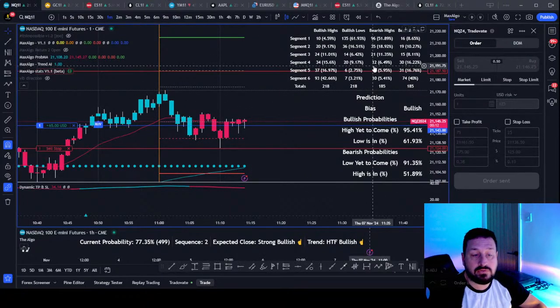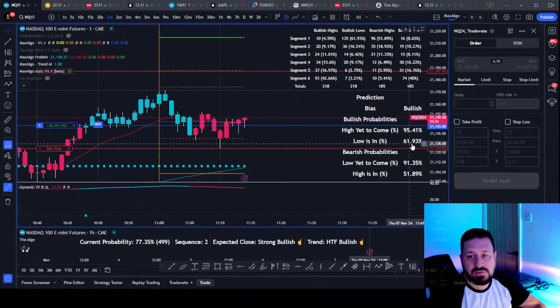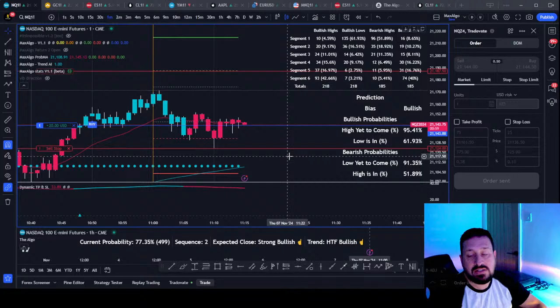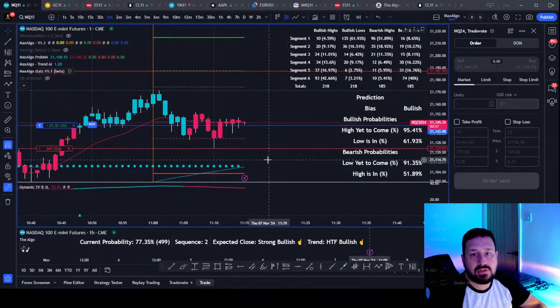I'm expecting price to be bullish. I'm expecting that right now there's a 61% probability our low's in, and I was just trying to catch a snipe entry before we confirm it. So it is early, you know. That's all.